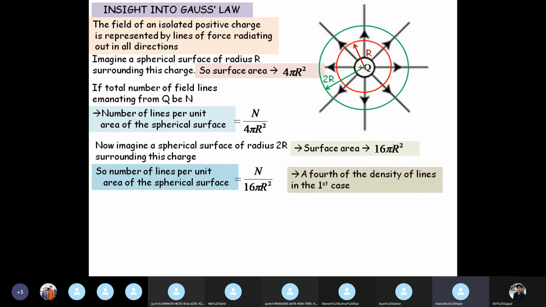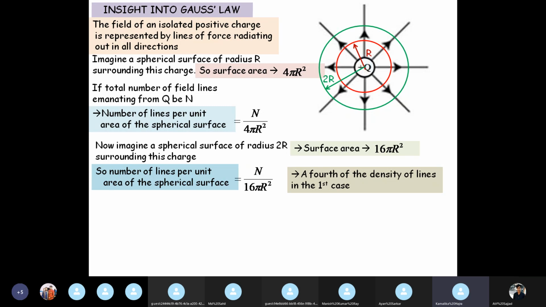This is 1/4 of the density of lines in the first case. So the density of lines of force passing through the green sphere is 1/4 of that of the red sphere, right? So although the number of lines coming out from Q is the same, that is N, as you move away from the charge, the density of lines of force passing through a given surface decreases.